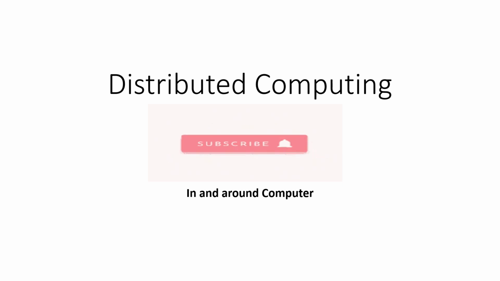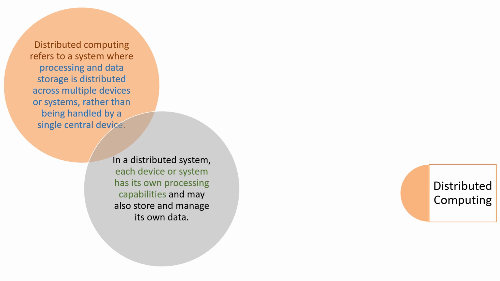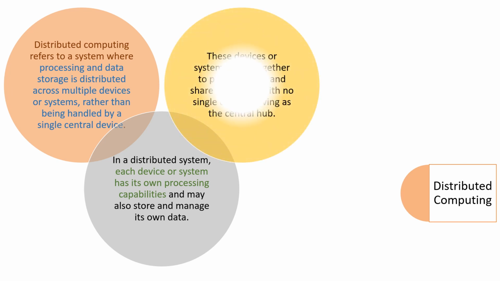In this video, we are going to see what is distributed computing in simple terms. Distributed computing refers to a system where the processing and data storage is distributed across multiple devices or systems rather than being handled by a single central device.